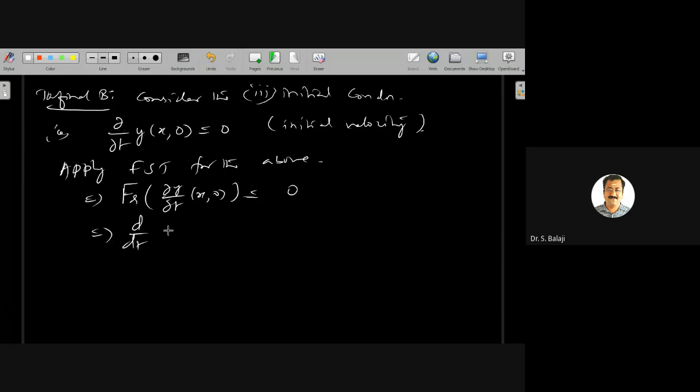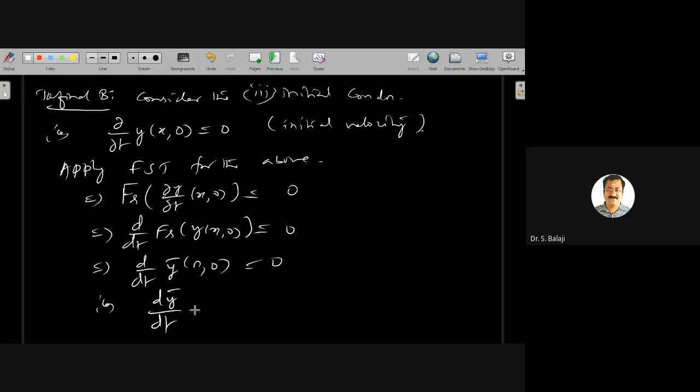D by dt of the Fourier sine transform of y of x comma 0, and y of x comma 0 equal to 0. Outside of the integration it will be d by dt. For d by dt of the Fourier sine transform, it will be y bar after transformation, which is n, but t is already 0 here. That is, dy bar by dt of n comma 0 equal to 0. This is one condition.